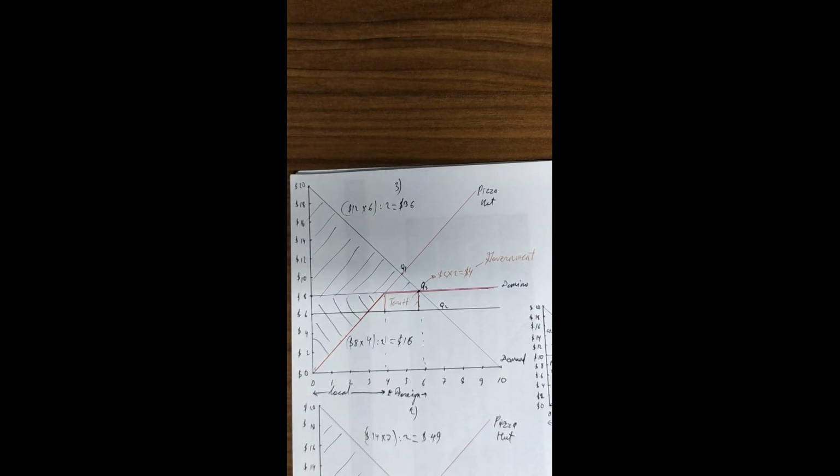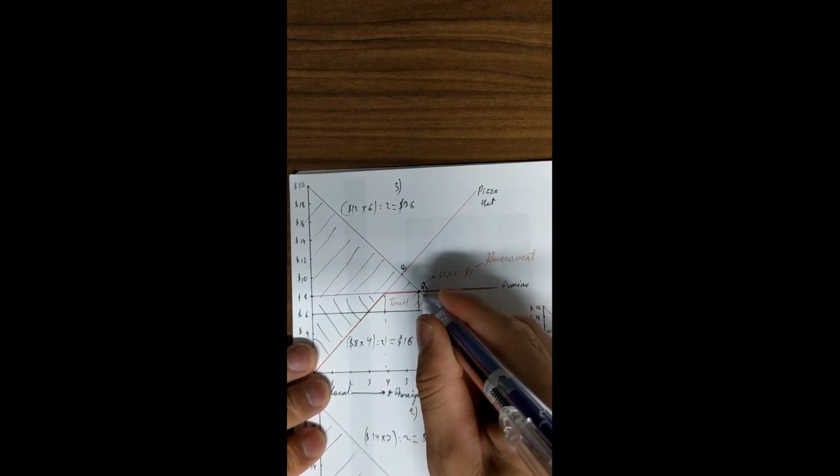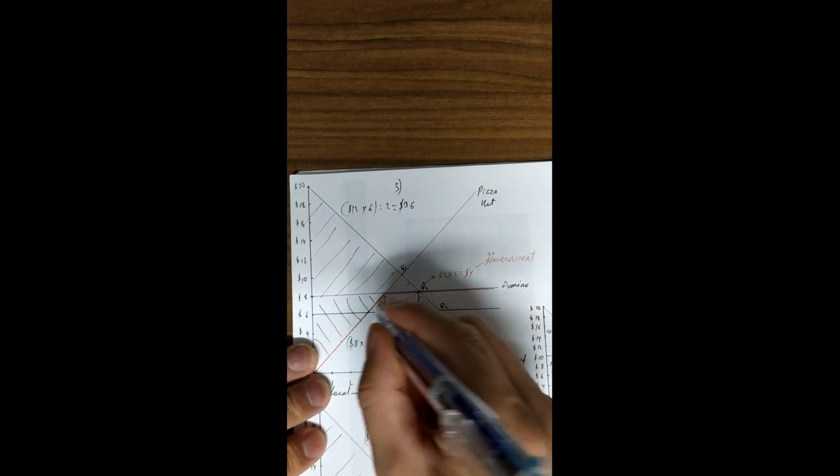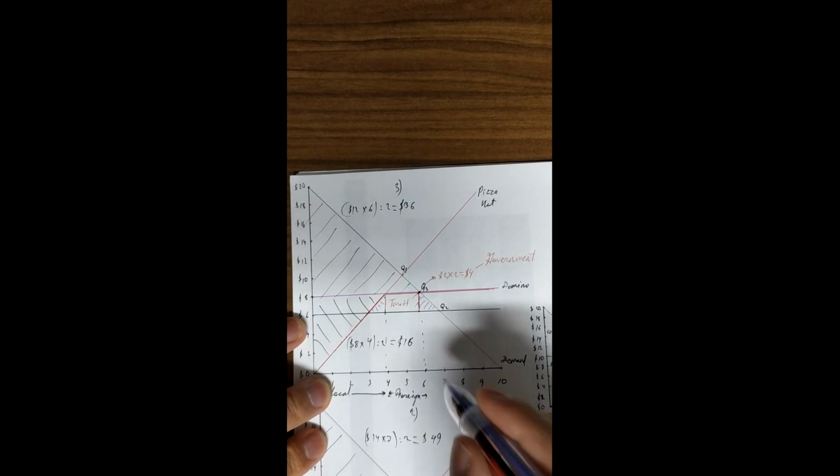But there are 2 deadweight loss areas left. So the area is this area and the other area. Before imposing the tariff, 7 people used to buy the pizzas, especially 4 of them buy Domino's Pizza, but the 7th person actually left the market.